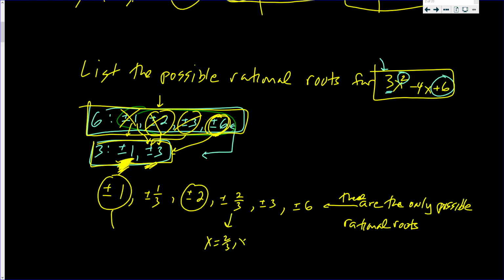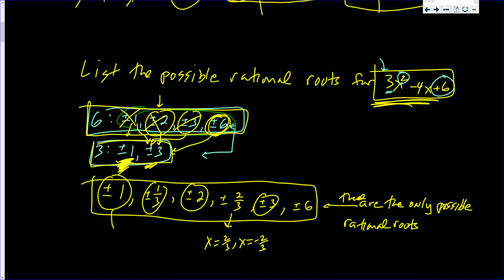It could be that x is negative 2/3. It could be x is 3 or x is negative 3. A rational root for this could be plus or minus 1/3. Or it can be none of these.